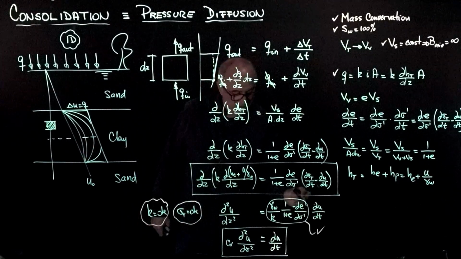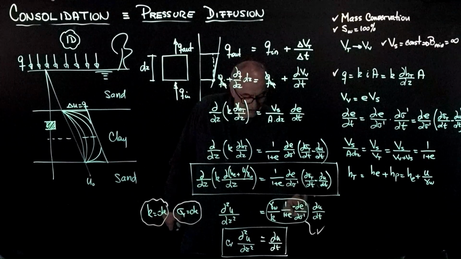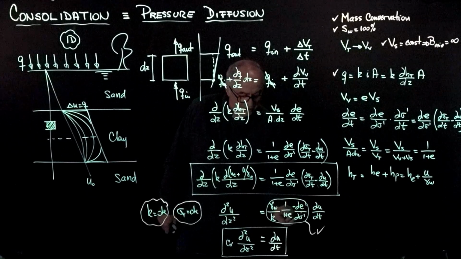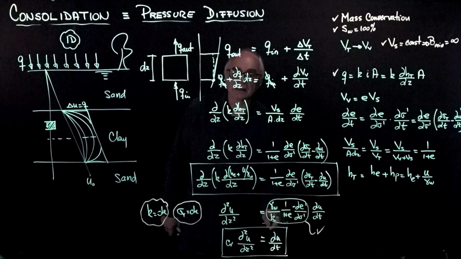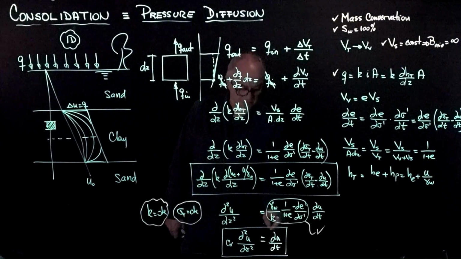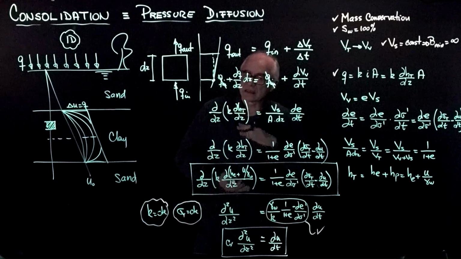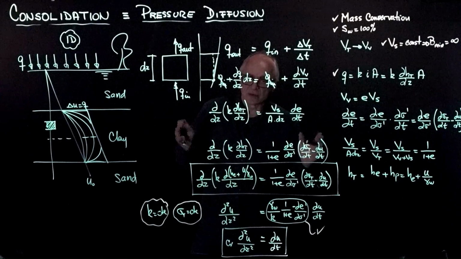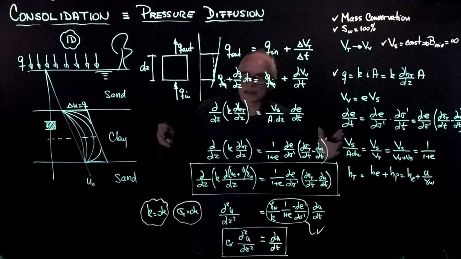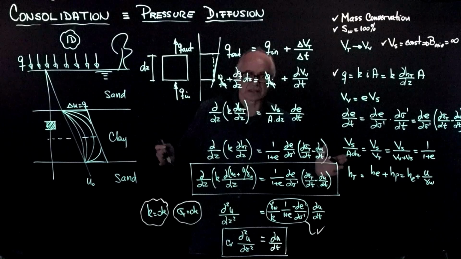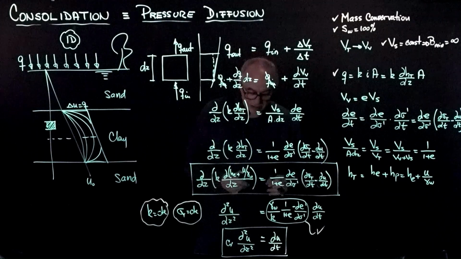So the void ratio is not constant, and so this compressibility with respect to 1 plus e is going to be changing, and the permeability is going to change as well. So this parameter is not really constant unless you are in a narrow regime where this is taking place. In a broad range for large significant changes in effective stress, this will not be true.